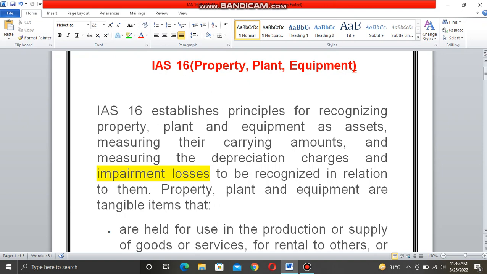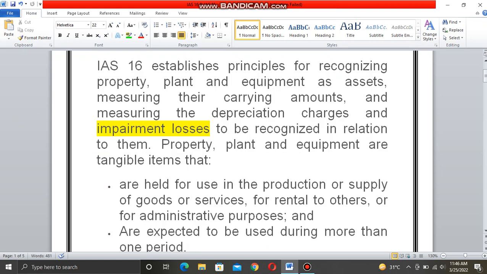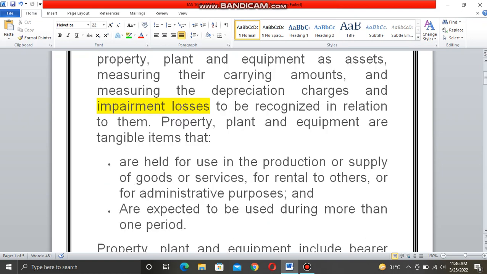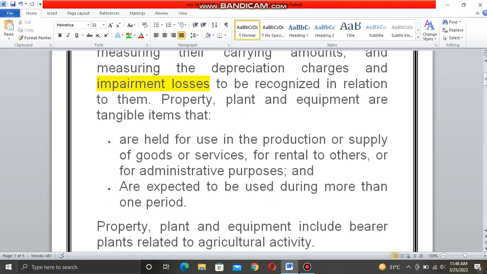Property, plant, equipment are tangible items, as I said earlier, that are held for use in the production or supply of goods or services, for rental to others, or for administrative purposes, and are expected to be used during more than one period.